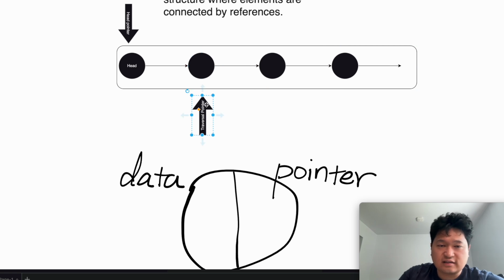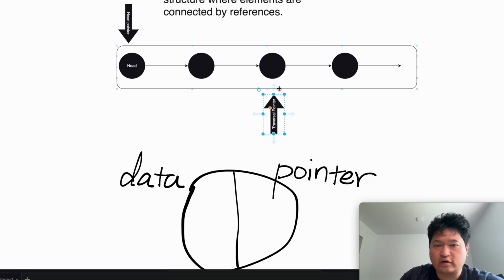And in order to access the third node, we reference the pointer again, and then we assign that value to this traversal pointer, and now we have access to the third node. And once we are at the third node, we have data and a pointer. We reference the pointer, we assign it to our temporary traversal pointer, and then we're able to get access to the fourth node.